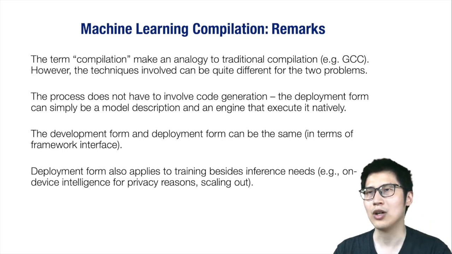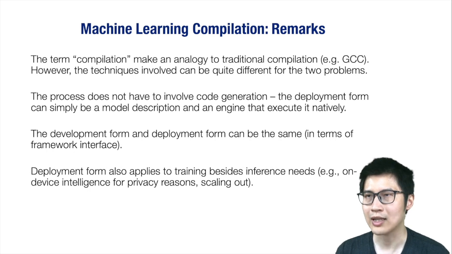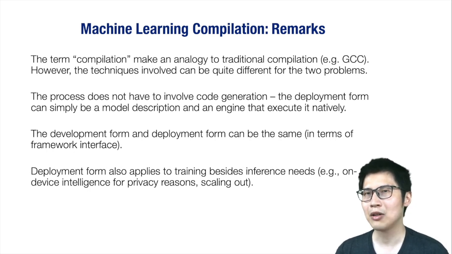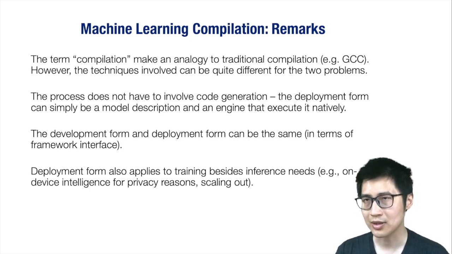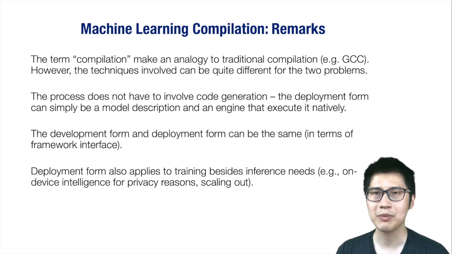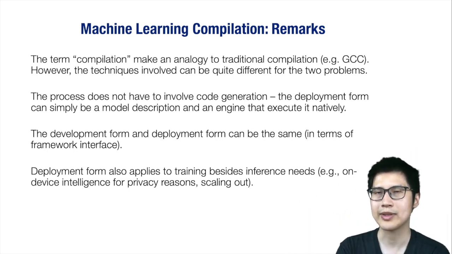For example, if we want to build a smartwatch that monitors my health, I would like to make learning local on the device and not let the data leak to my providers because I care about privacy reasons. As a result, likely we are going to build on-device intelligence executions. And that process can also benefit a lot from machine learning compilation, because the process of developing that training process and deploying that training process can happen on very different platforms.